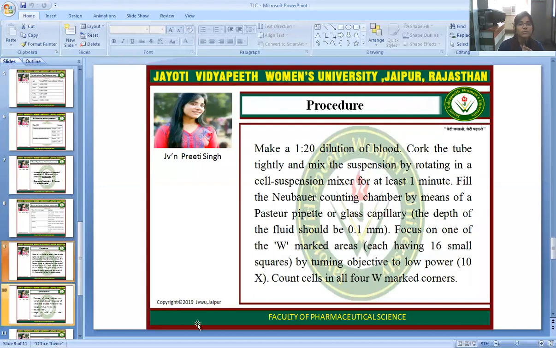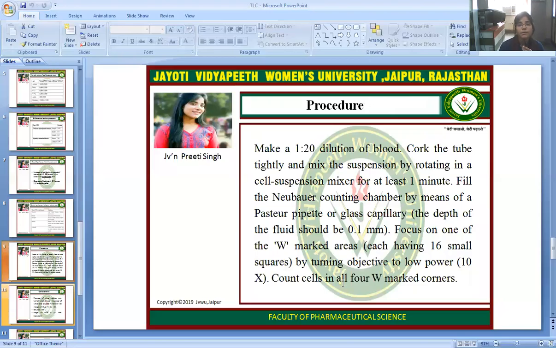So now we come to the procedure of the total leukocyte count. Firstly, make a 1:20 dilution of blood. Cork the tube tightly and mix the suspension by rotating in a cell suspension mixer for at least 1 minute. Then fill the Neubauer counting chamber by means of a Pasteur pipette or glass capillary.